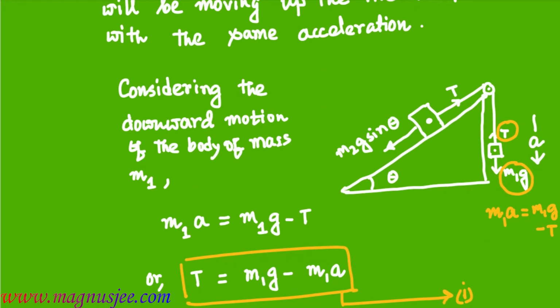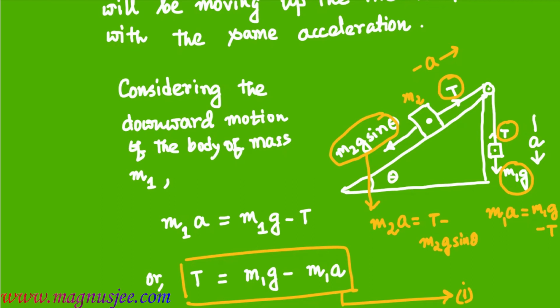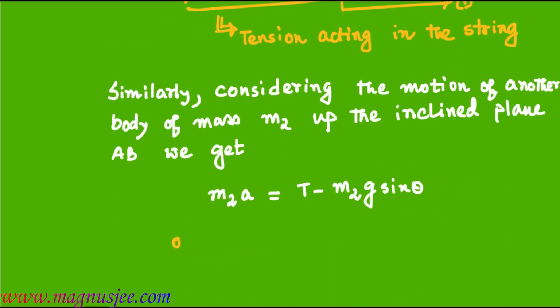For the body of mass m2 placed on the inclined plane, m2 is the mass, T is the tension acting in the string in connection with the body of mass m2, and m2g sin theta is acting down the inclined plane. The body is moving with an acceleration a up the inclined plane. So the net force acting on the body of mass m2 up the inclined plane is m2a, which is again equal to T minus m2g sin theta.